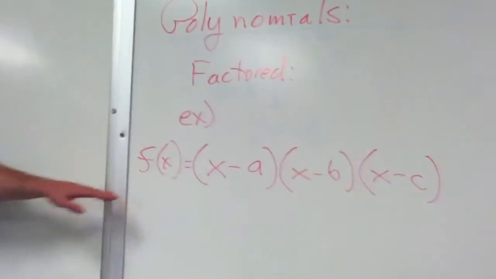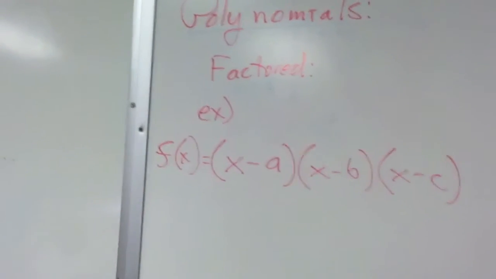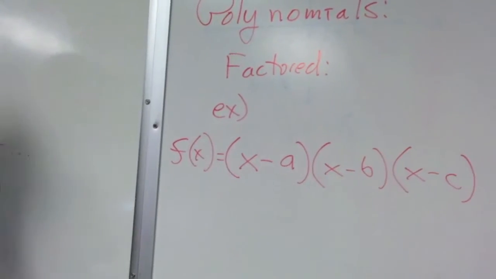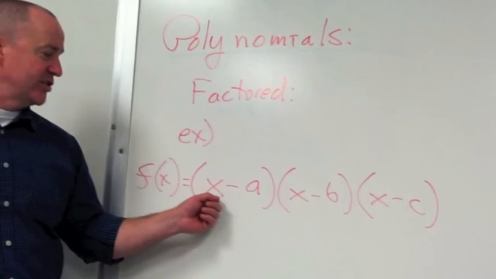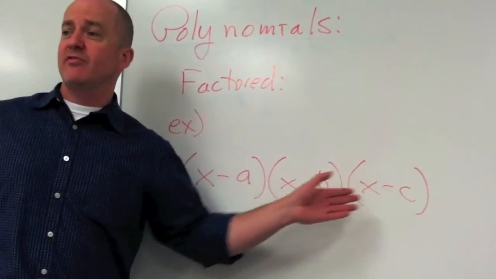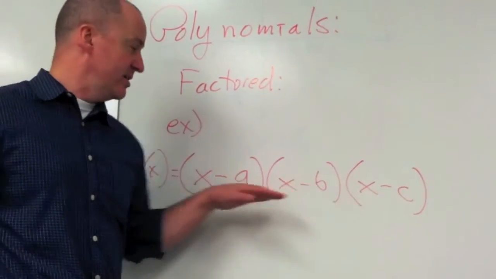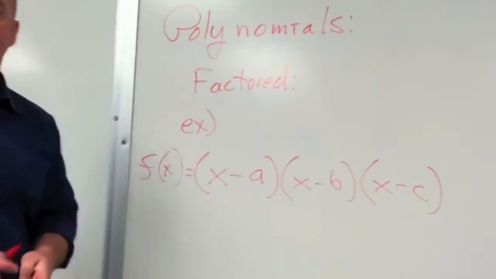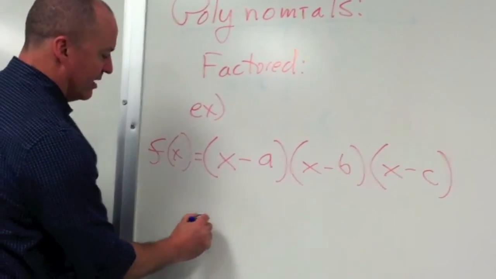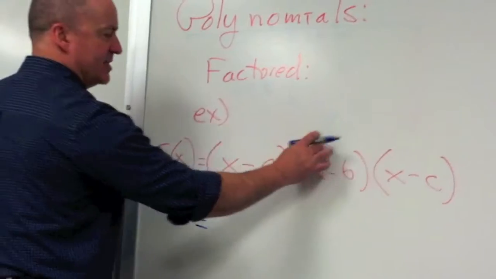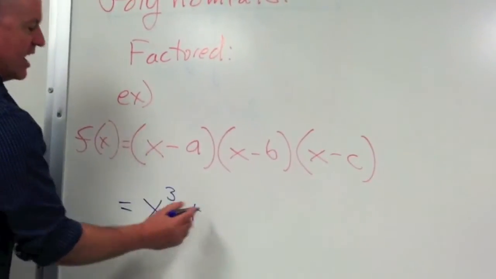Now this doesn't look like the example over here. But if I give it to you in the form of binomial factors, where the x's are all to the first power, some of them can even be squared, each of these is a polynomial. If I multiply polynomials together, the first term would be x times x times x, which is x cubed. I'll go ahead and skip a lot.